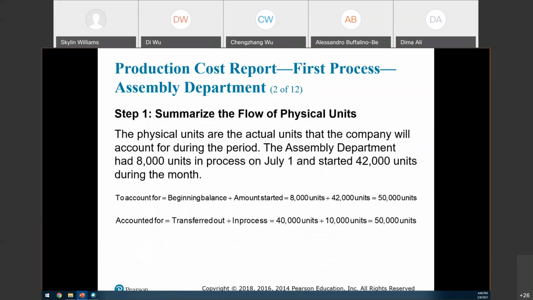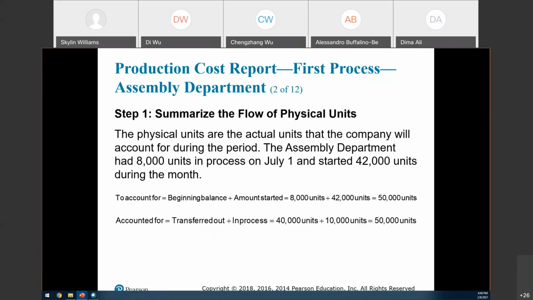Well, let's get started to summarize to prepare the production cost report. As you can recall, the first step is to summarize the flow of physical units.